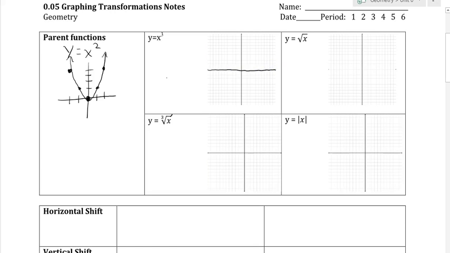There's our x-axis and our y-axis. And so the points we're going to use are (0, 0), (1, 1), (-1, -1), (2, 8), and (-2, -8).